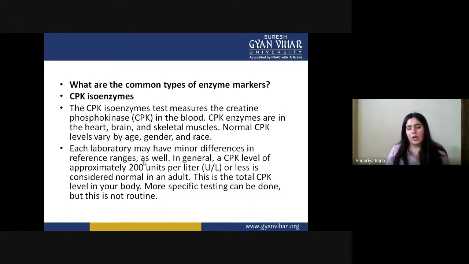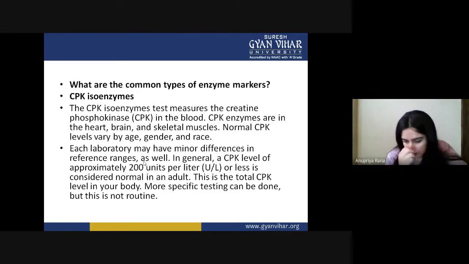On the basis of CPK inside us, it tells us more about the heart, brain, and skeletal muscle, which are important functional zones of our body. That's why we are taking the example of such an important common enzyme marker.